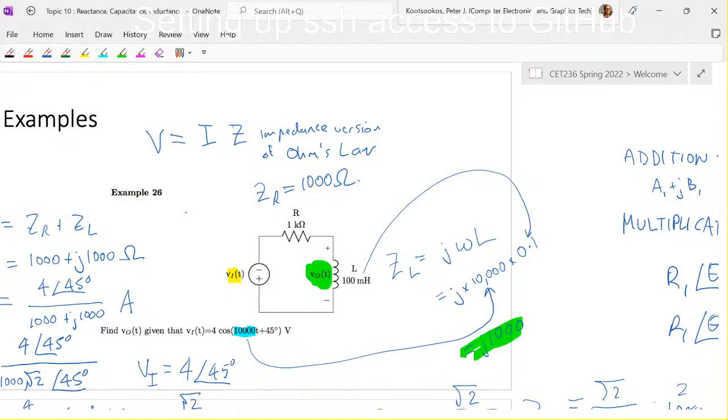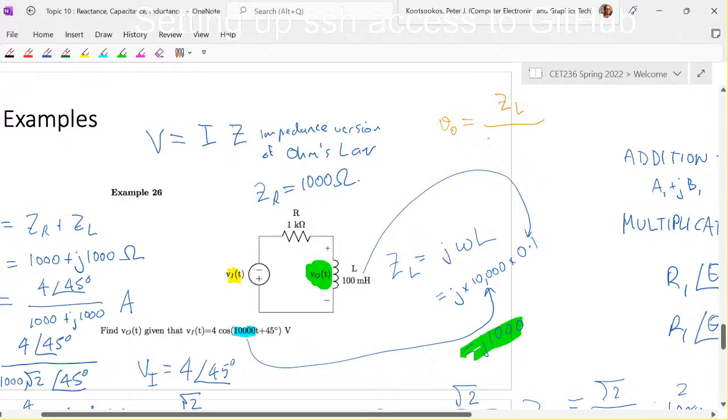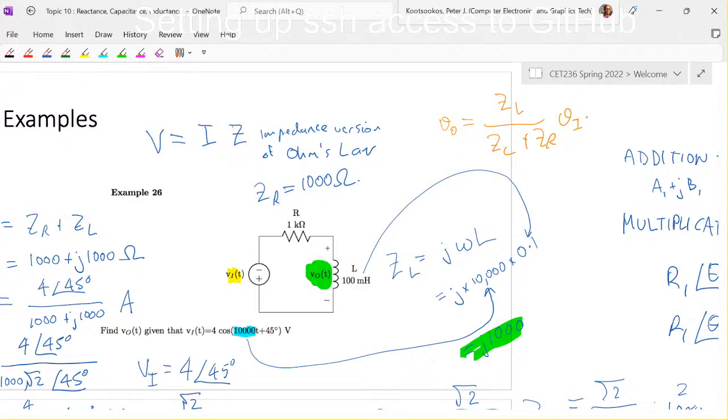So we could have said V out equals ZL on ZL plus ZR times V in. And that would give us exactly the same answer because the working's the same.